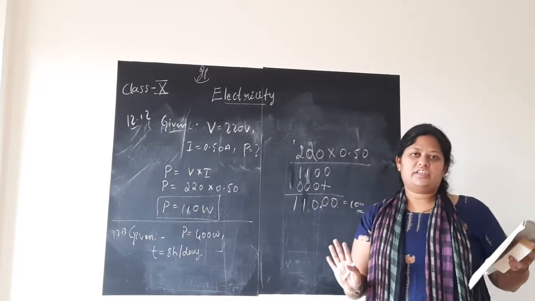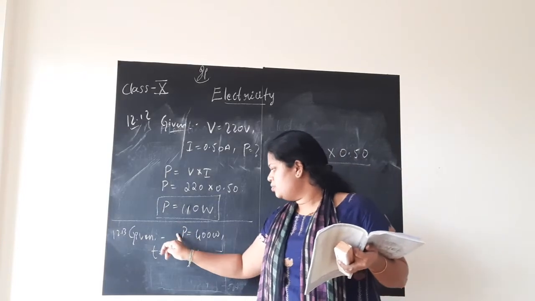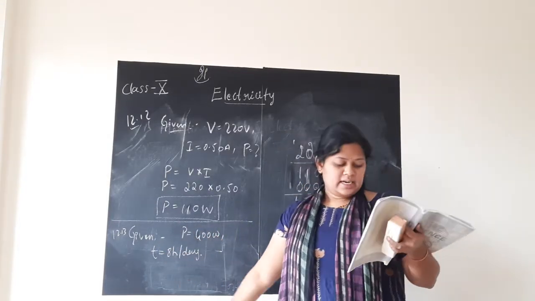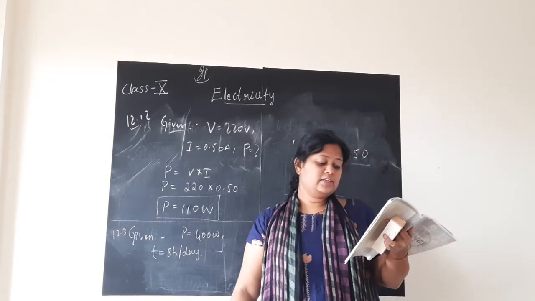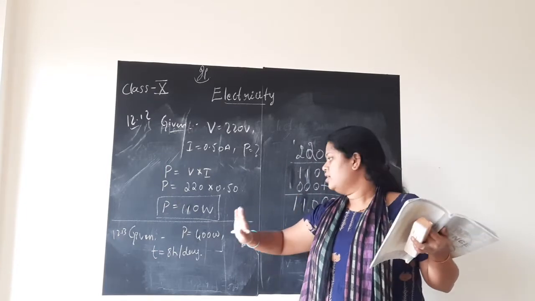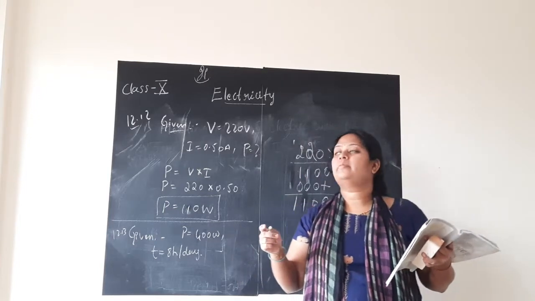An electric refrigerator. So a refrigerator is there which consumes the power of 400 watts for its working, rated 400 watts, operates 8 hours a day. So in 8 hours they are switching on the refrigerator, and it is operated at how much electric power?